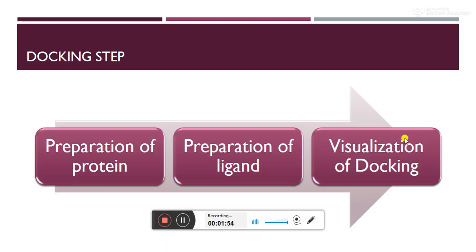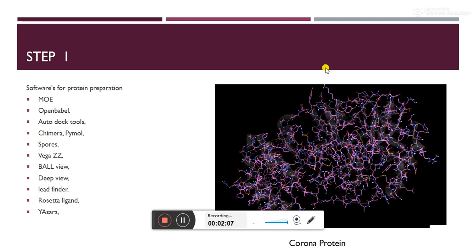Next, docking steps. Docking consists of three steps: preparation of protein, preparation of ligand, and visualization of docking. For the first step, we use different types of softwares. For example, for the preparation of coronavirus protein, this is the coronavirus protein.